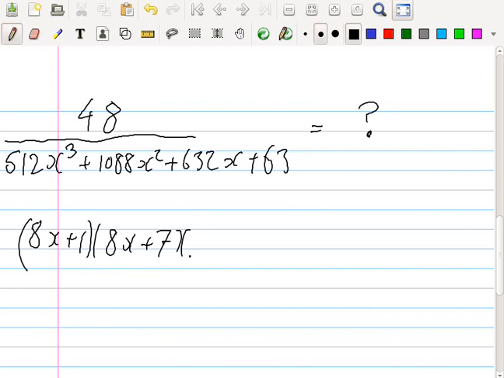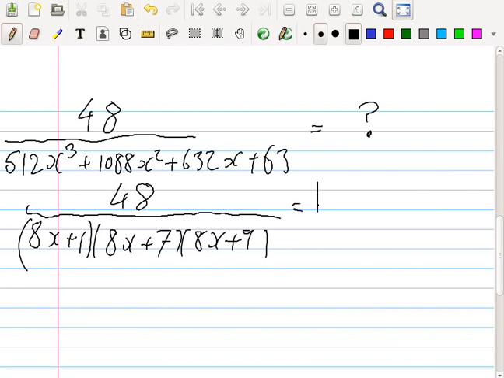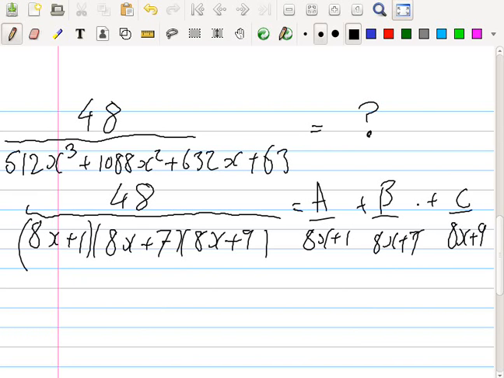And then my last factor is 8x plus 9. So 48 over that equals A over 8x plus 1 plus B over 8x plus 7 plus C over 8x plus 9. That's a 7 there.